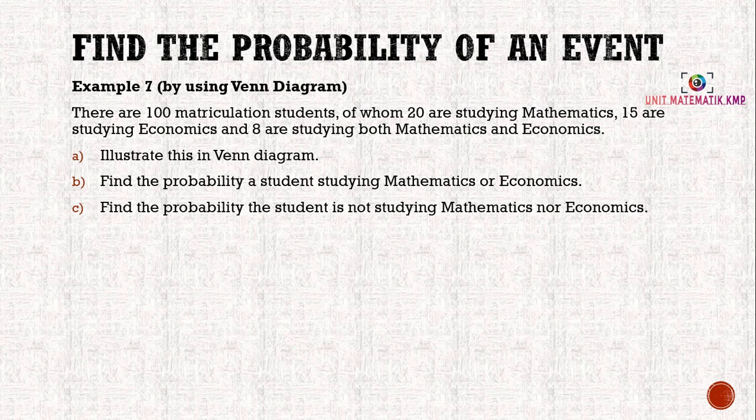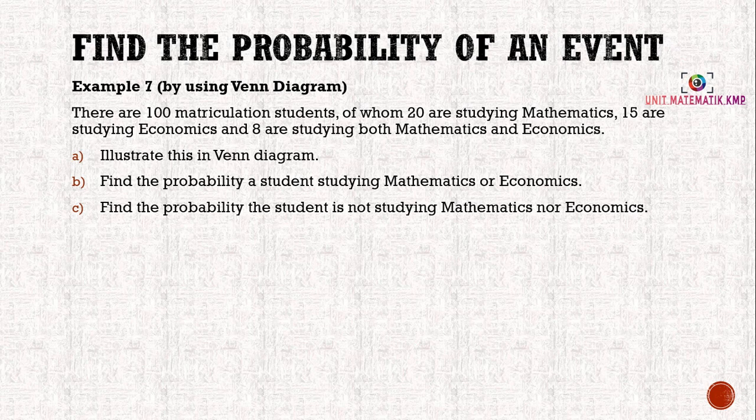Okay, example 7. By using a Venn diagram, there are 100 matriculation students, of whom 20 are studying mathematics, 15 are studying economics, and 8 are studying both mathematics and economics. So firstly, you need to illustrate this in a Venn diagram.